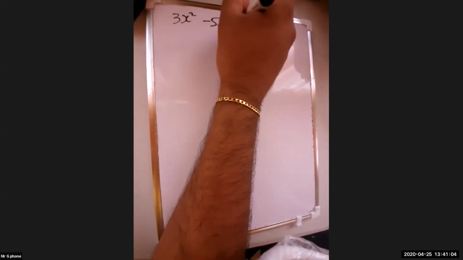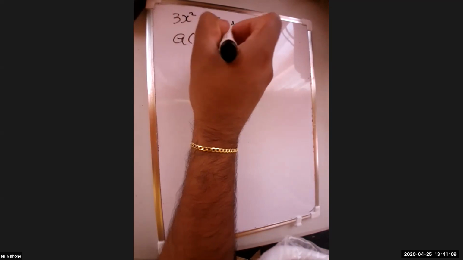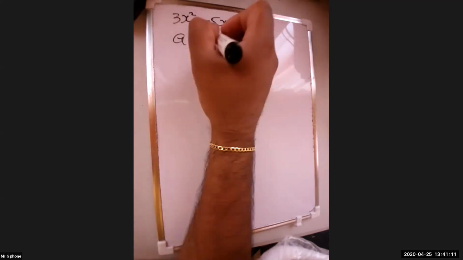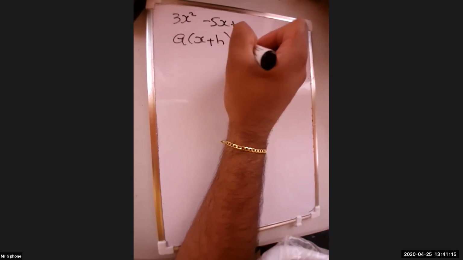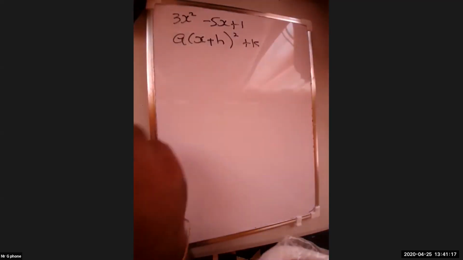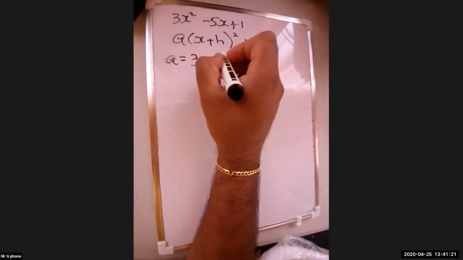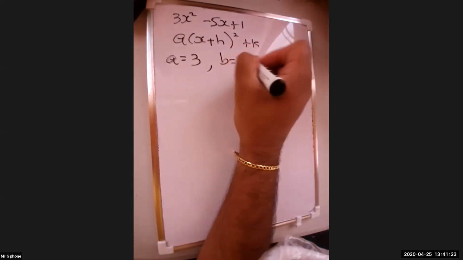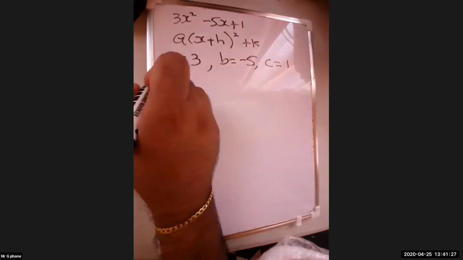3x squared minus 5x plus 1 in the form a into x minus h, squared. Oh, this is the question with that. It's supposed to be plus, right? Plus k. So a is equal to 3, b is equal to -5, and c is equal to 1.